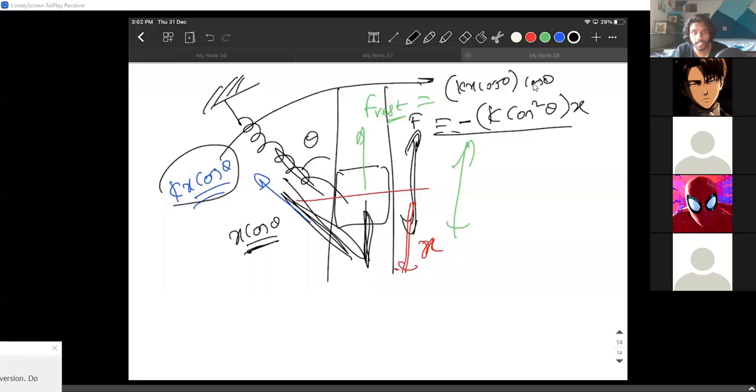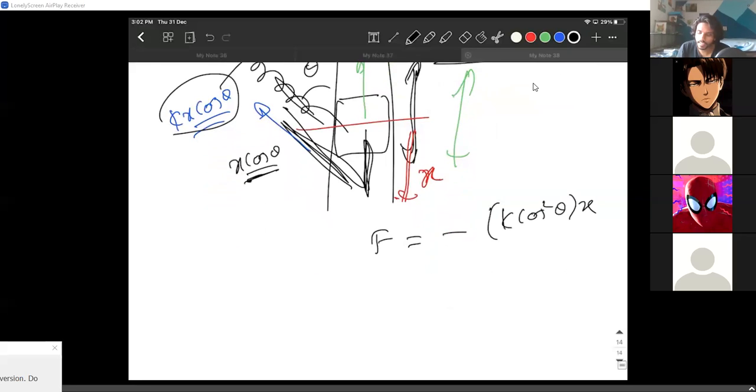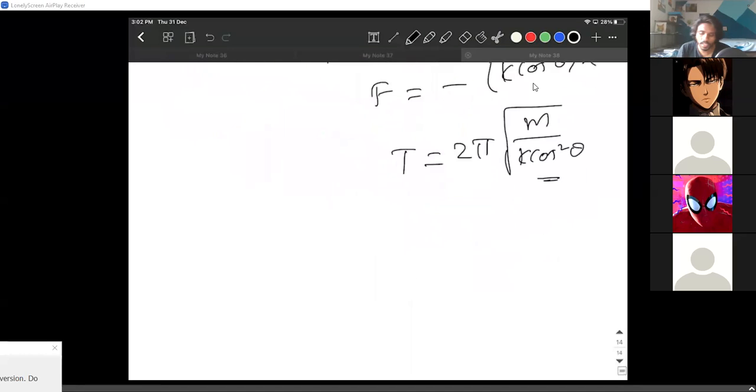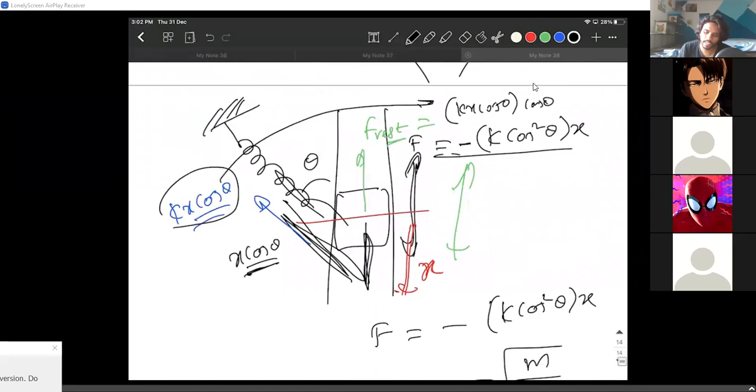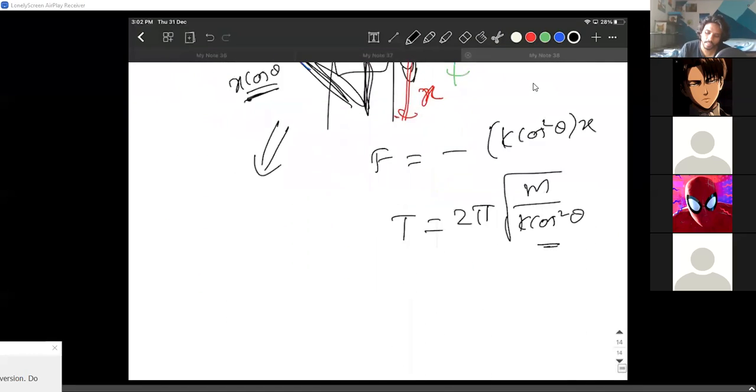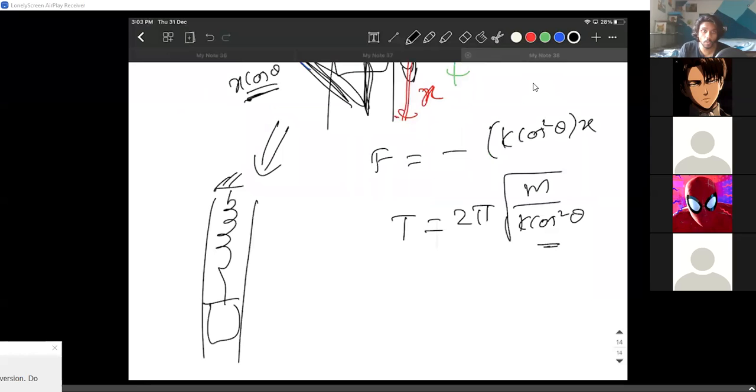Obviously, you put a minus there, so F equals minus k cos square theta x. Everything is the same, so the time period is simply 2 pi root over m by k cos square theta. People often do this whenever you find a system like this: they find an effective diagram where they shift the spring along the groove, saying the spring constant is k cos square theta.